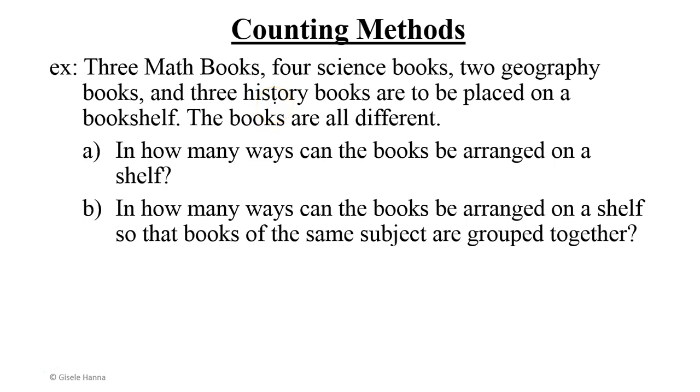Now, of course, here the order matters, because if I put the first math book first and the second science book second, it wouldn't be the same as starting with the science book. That would in fact be a different possibility. Since we're arranging objects here, the order matters. And over here what we're actually doing is arranging all of the 12 books on the shelf. So we're not choosing a smaller number to arrange out of these 12 objects.